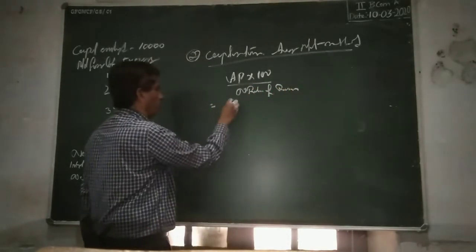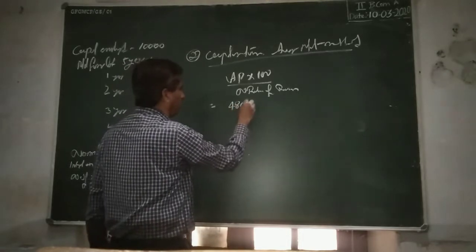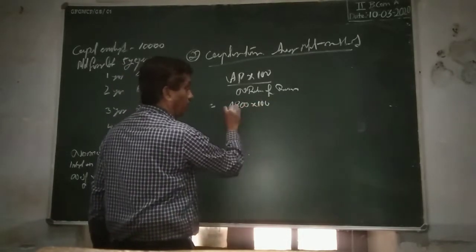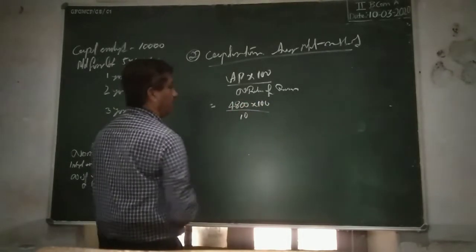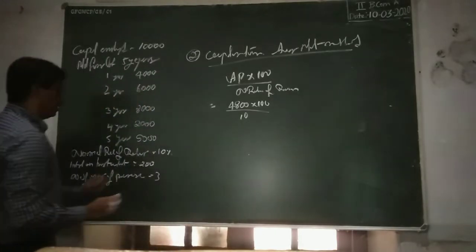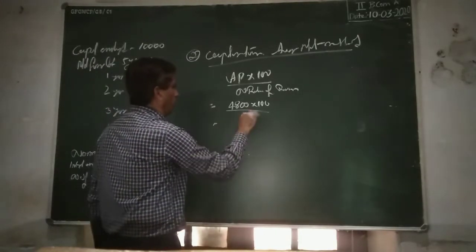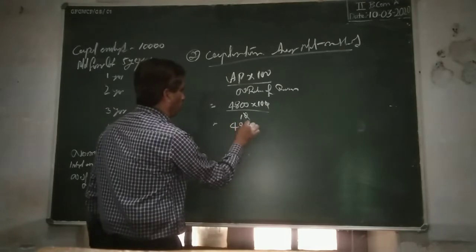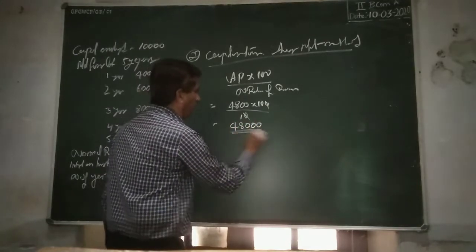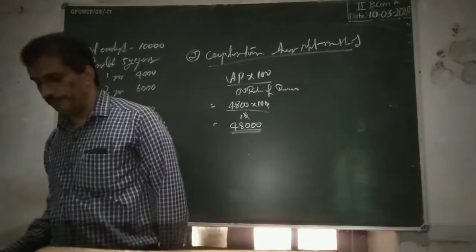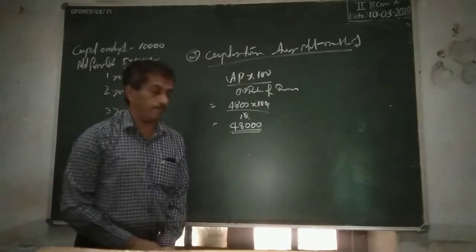Average profit found here is 4,800 into 100 divided by normal rate of return, given here as 10, so it should be 48,000 as goodwill. That is the second method.